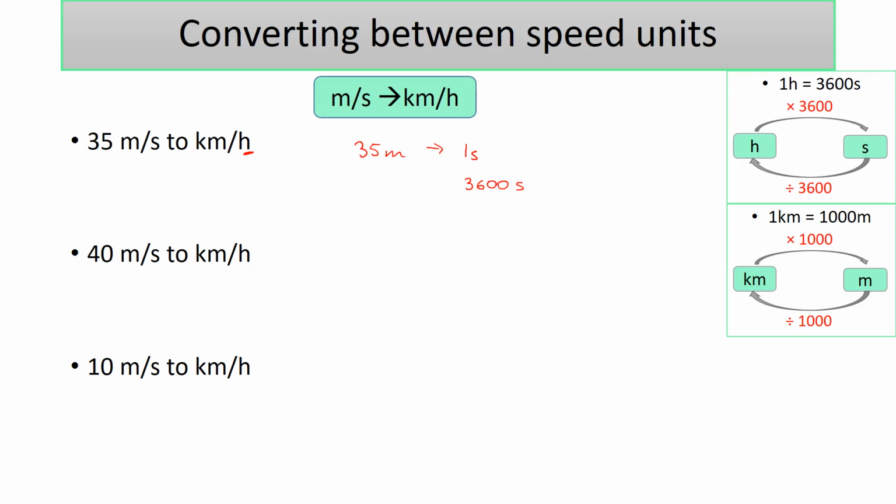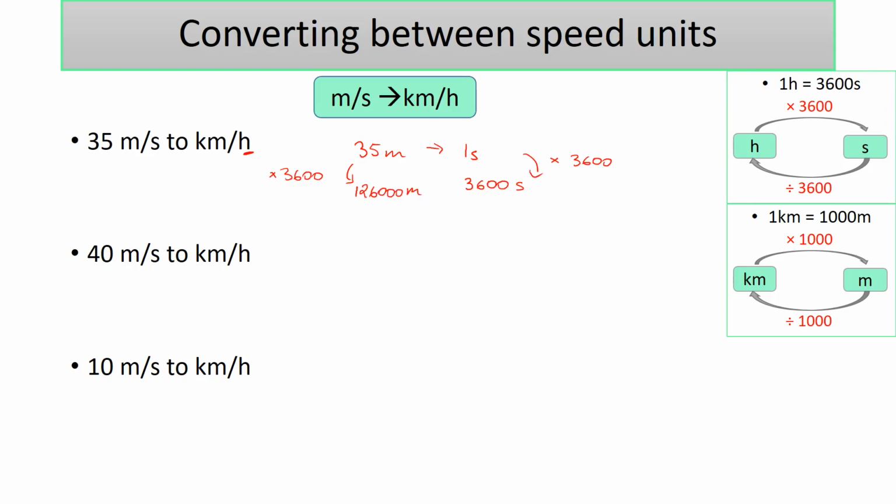So to go from 1 second to 3,600 seconds, I need to times by 3,600, and I have to do the same to the other side. That's going to give me 126,000, and that is meters.